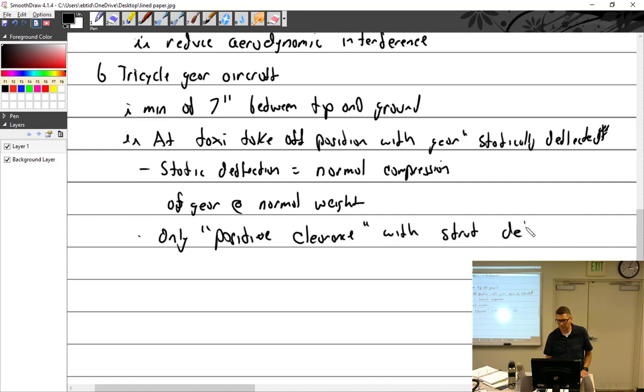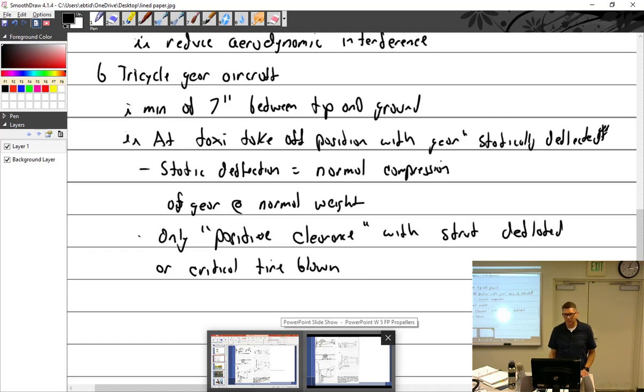Positive clearance suggests that it clears the ground. As long as it missed the ground, you did it. Critical tire blown means a tire that makes the situation worse. So if one of the main tires blows and the back end sinks down, the prop goes up, then that's not a critical tire.